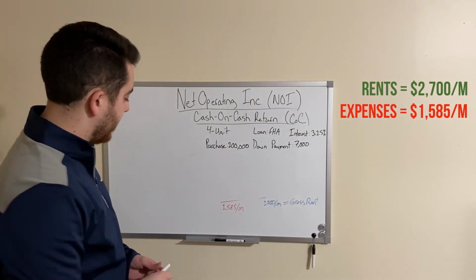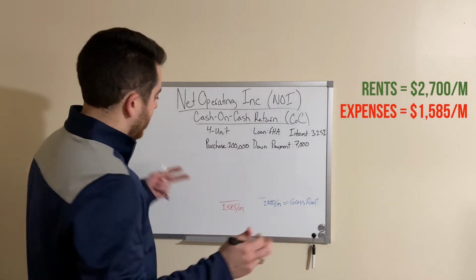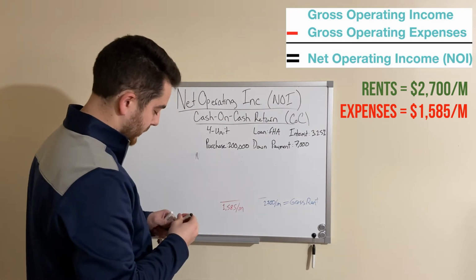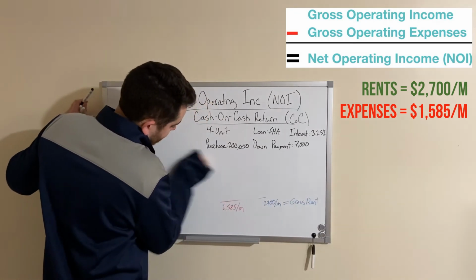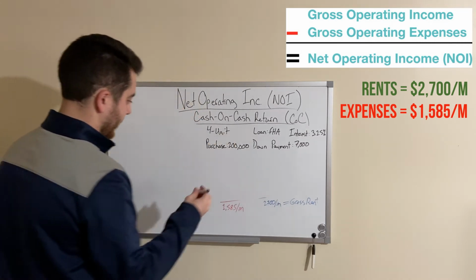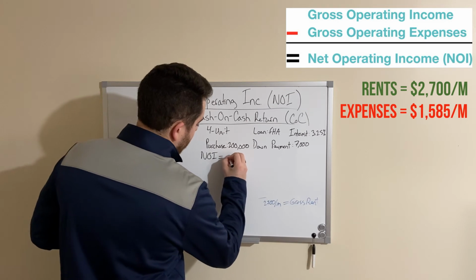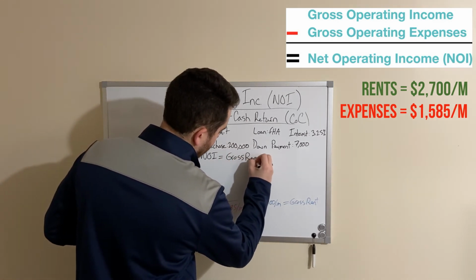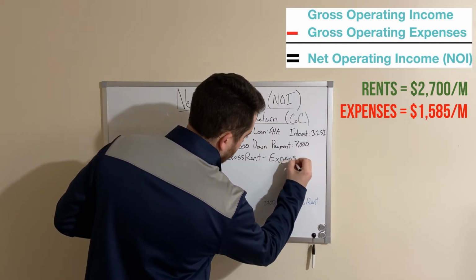So diving into calculating net operating income, the equation is: net operating income equals gross rent minus your expenses.